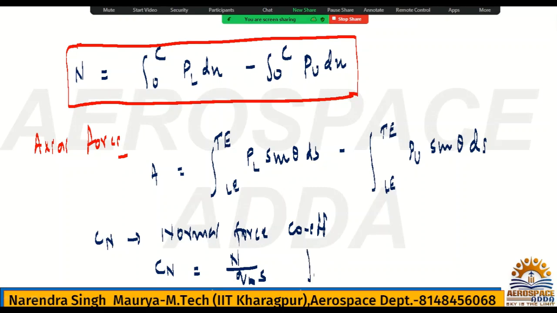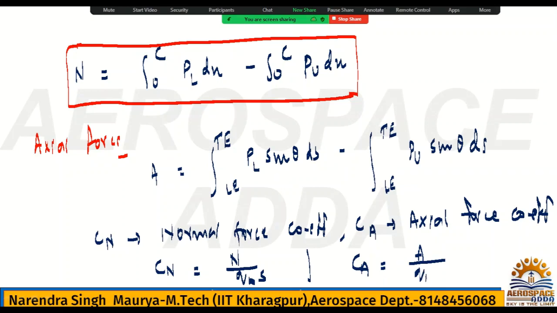Similarly, I can write Ca. What is the Ca? It is the axial force coefficient. How to calculate? Ca is equal to A divided by Q infinity S. Alright.